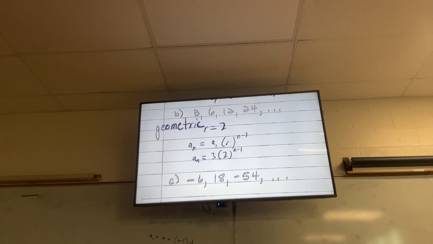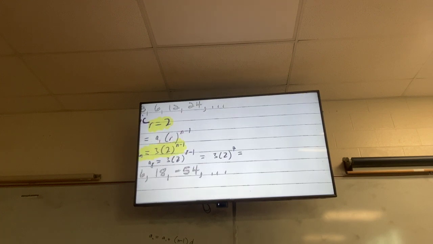So that's an explicit formula for every single term in the sequence. Okay? So what would the eighth term be? How do I get that? Plug in. 2 to the 7th is 512, right? That's 1536?